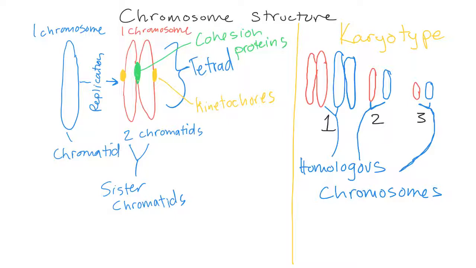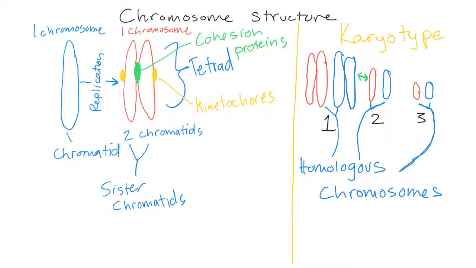So they can't be homologous if one is 2 chromatids and one is 1 chromatid. They can. They're still homologous chromosomes. But if you're looking at this one and this one, those are non-homologous chromosomes. Those are different. They code for different genes. Okay?